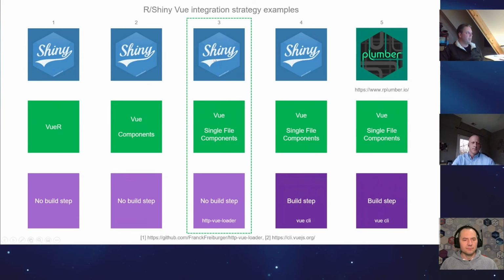Then, this is the version that we used. I'm using single file components, but I didn't want to use a build system because I didn't know how. So this is what Kenton showed. But you can definitely do single file components.